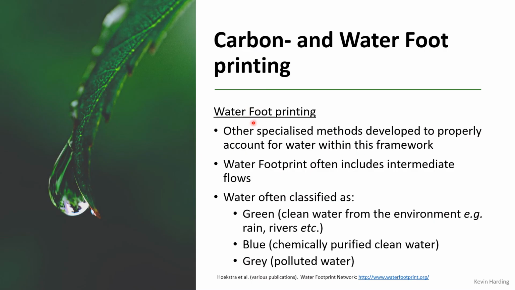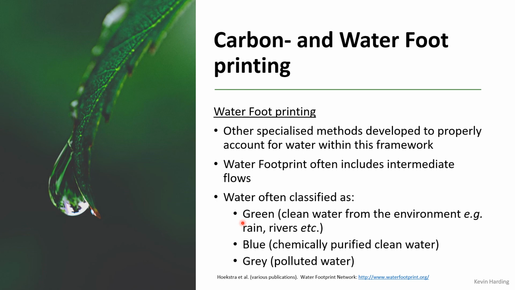Okay, so the Hoekstra, there's the names, the spelling down at the bottom here, you can see his method at waterfootprinting.org. What Hoekstra and his team have defined the water footprint as is you start by defining 3 different types of water.